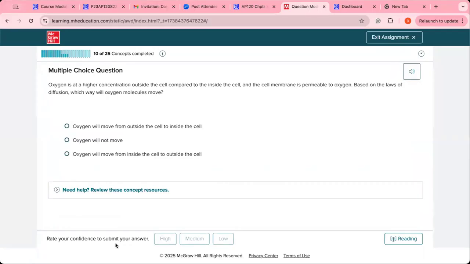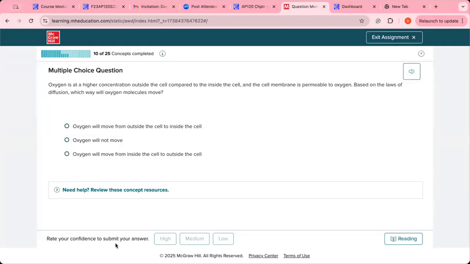If it's at a higher concentration outside, which way is it going to move? Would be inside to outside.